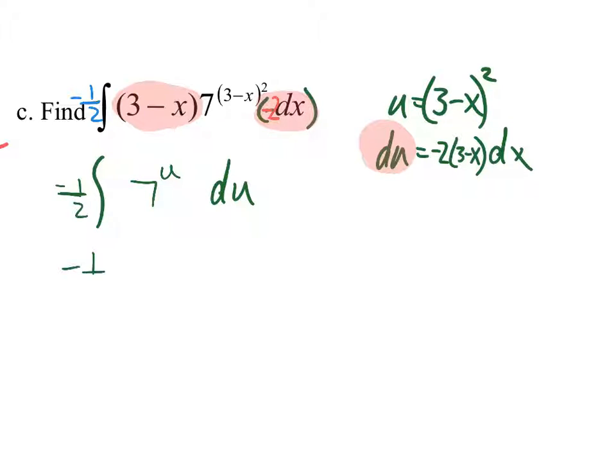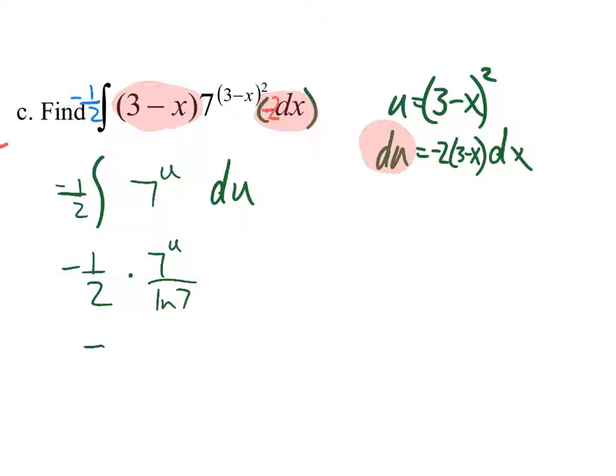So what's the integral of 7 to the u du? 7 to the u over ln of 7. Okay? How we choose to simplify at this point is kind of up to you.